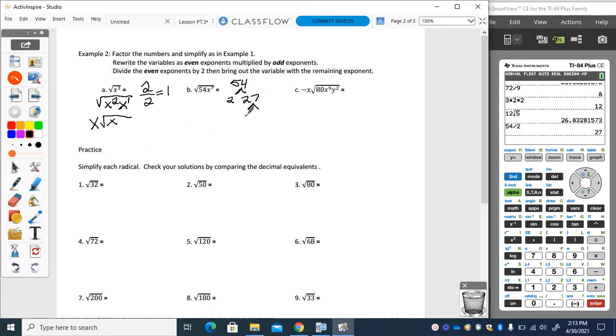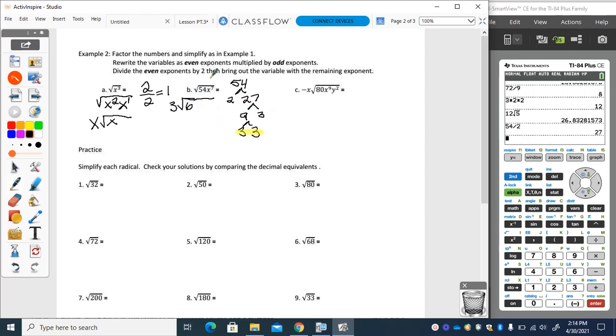No. For 27, we can simplify 9 and 3. Simplify any of these? Yeah, 9, 3 and 3. Got any pairs? Yes, we have this 3 right here. So we know there's going to be a 3 on the outside. So we have 3 times the square root of what's left over. 2 times 3 is 6.